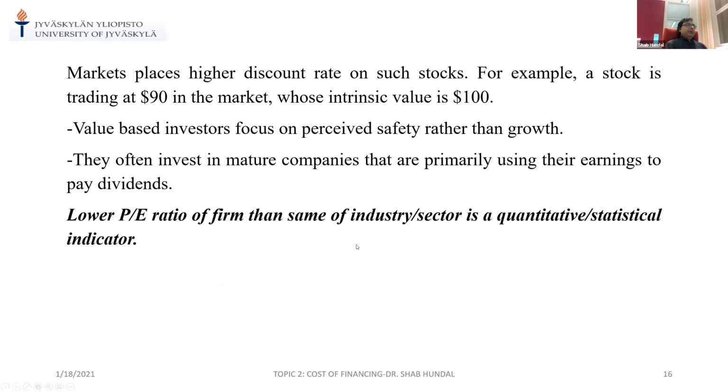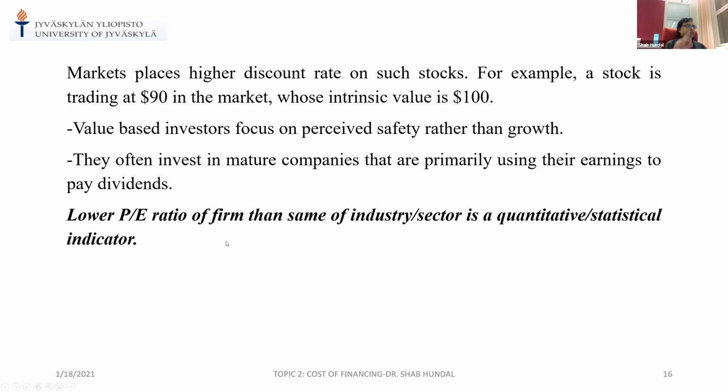Statistics are very important in corporate finance or in any discipline of finance. If you ask me which indicators I should look at to make a decision if a stock is undervalued or overvalued, then I would say that the price to earning ratio is a very good indicator.